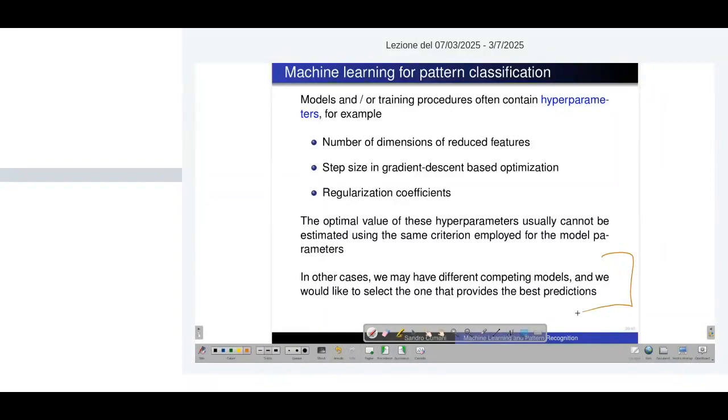All these questions require a way to decide which kind of pipeline I should take. Should I apply dimensionality reduction or not? Should I use one classifier instead of the other? And so on. Now, all these things go under the name of model selection. We need to decide which model or which combination of models we want to use as the best one.